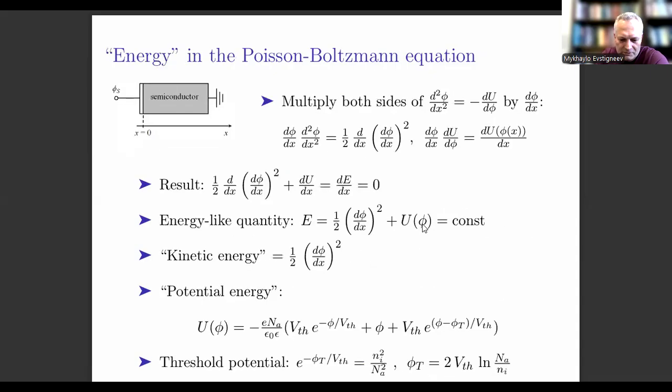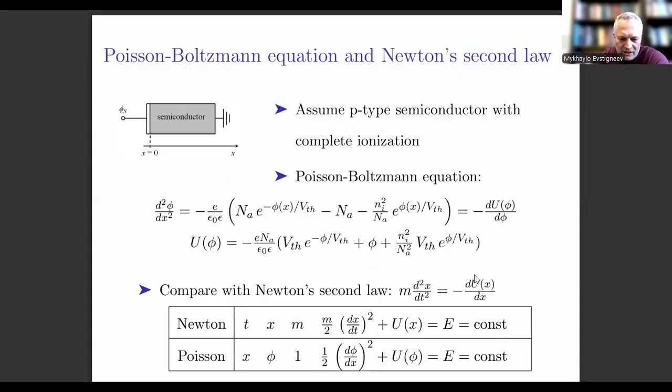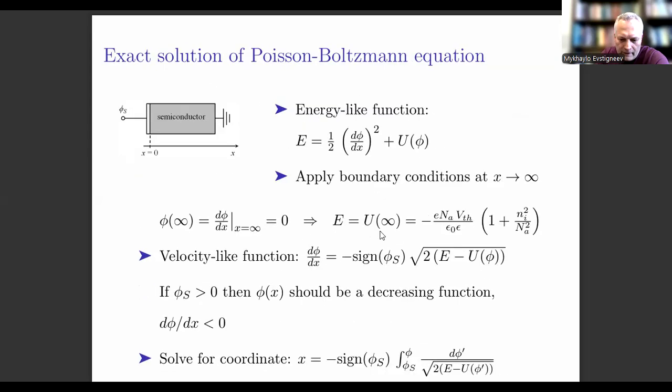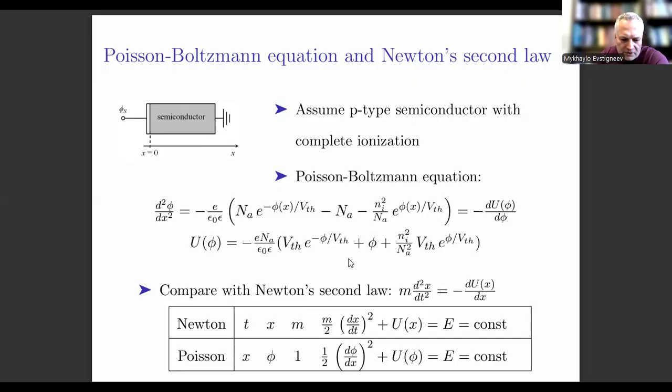So let's return to the potential energy-like function written here. When φ goes to zero, you get negative e n_acceptor over ε₀ε. The first term becomes the thermal voltage.